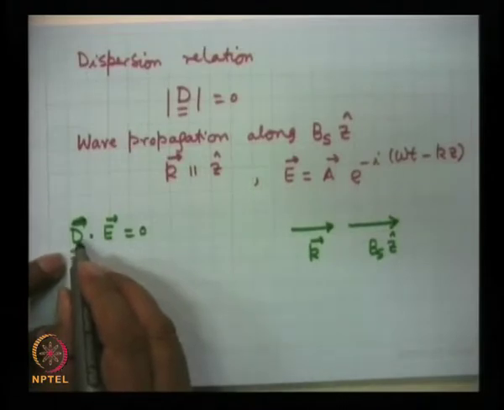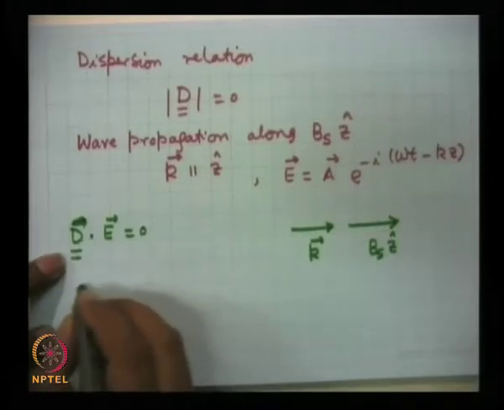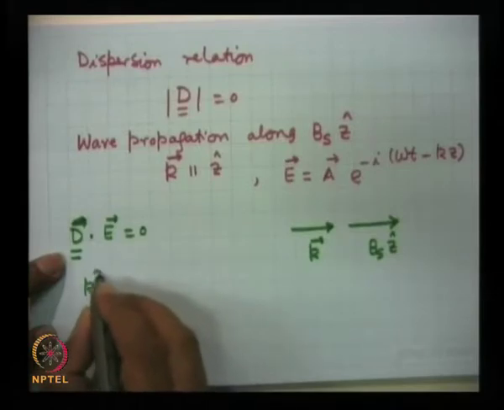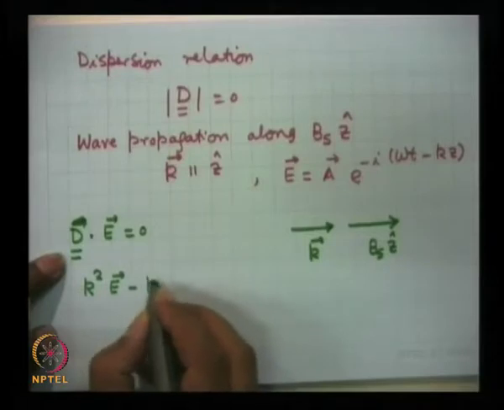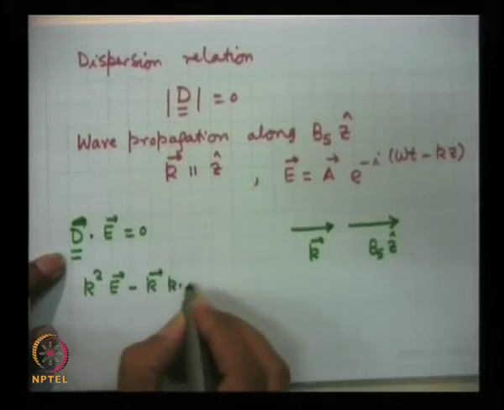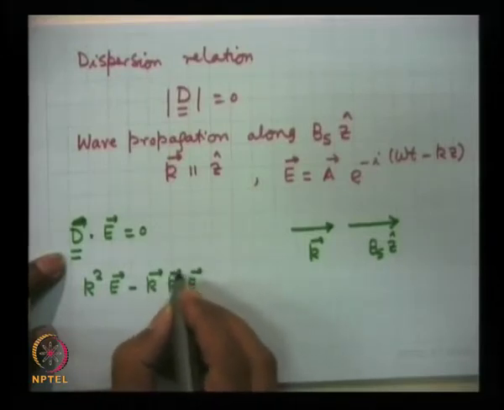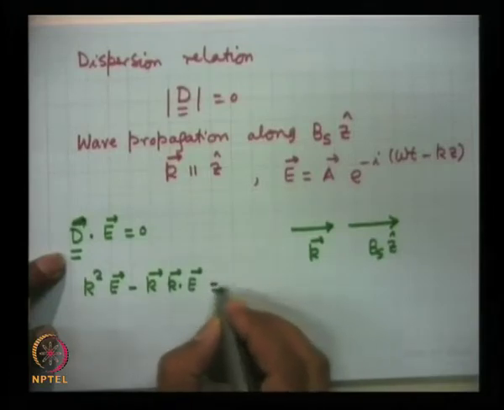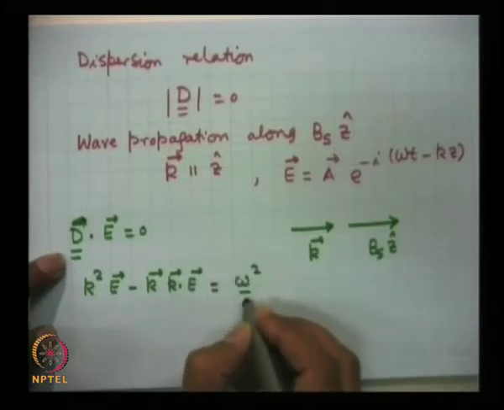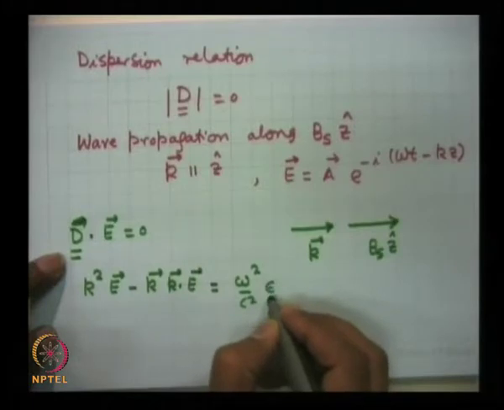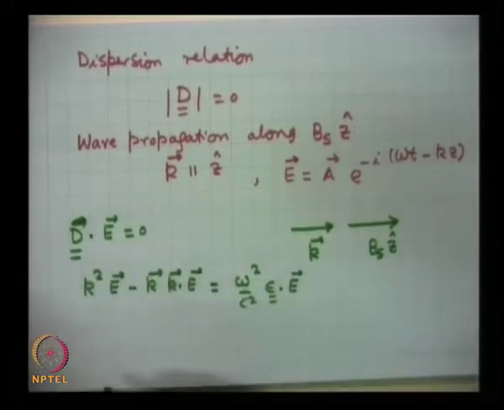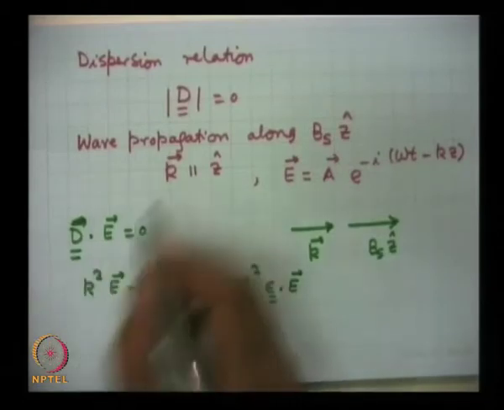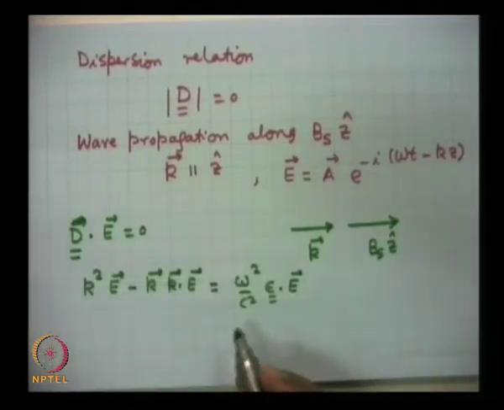If I write the value of d a little more carefully, this was simply k square I dot E minus k k dot E is equal to omega square by c square epsilon dot E. This was the explicit form of this equation, if I put the value of d properly.